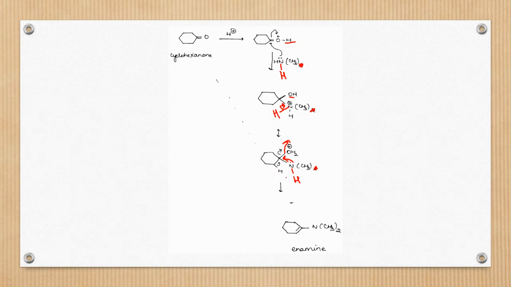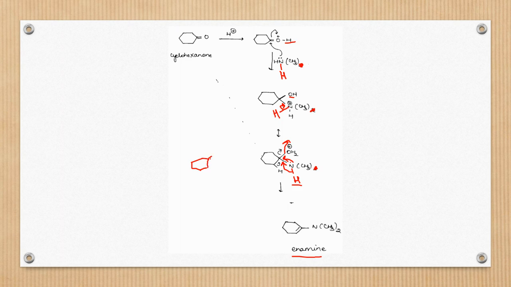That is why an enamine is forming. In the secondary amine case, enamine formation takes place, but in the primary amine, what will happen? This nitrogen already has a lone pair and the presence of this hydrogen. So here, this hydrogen will go here and this OH2 will leave out to give you a moiety like this.